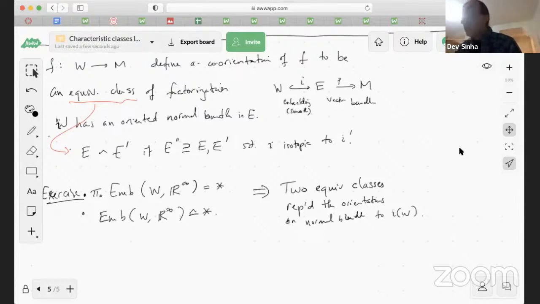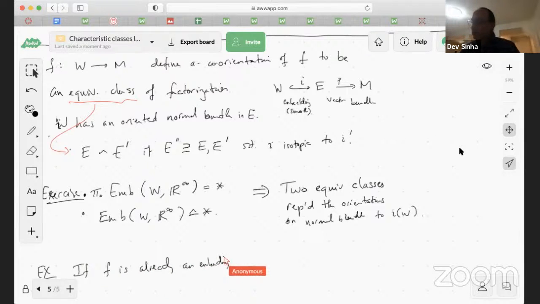An example of such a co-orientation is, if F is already an embedding, then choose E to be M, the rank 0 vector bundle, and then we're good to go.